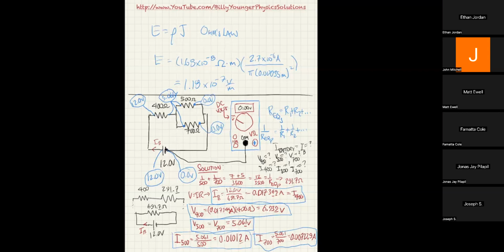Now, Kirchhoff's junction rule says that since that current for the 400, the IB versus the I400, breaks off into two legs, the current through the 500 and the current through the 700 are supposed to add to give you the total current from the battery, and therefore the total current for the 400.